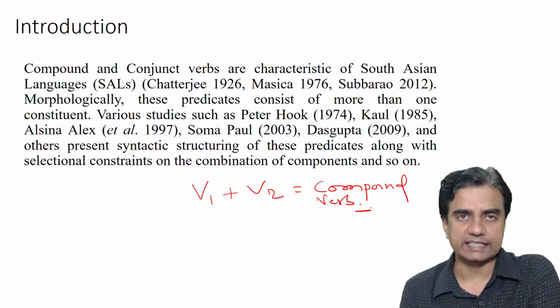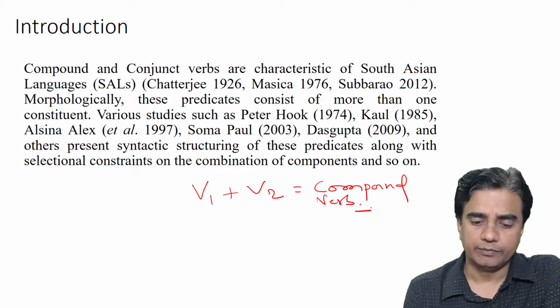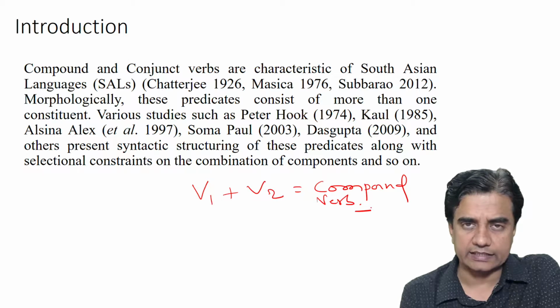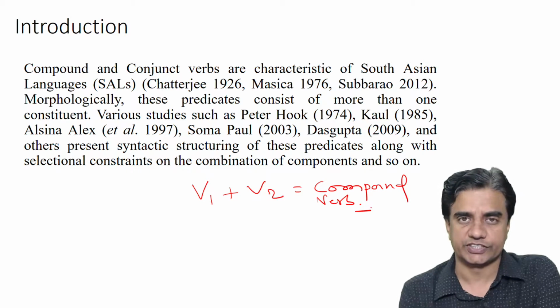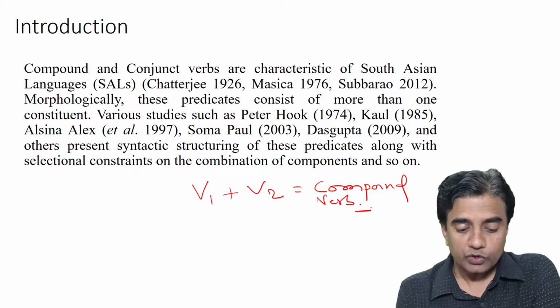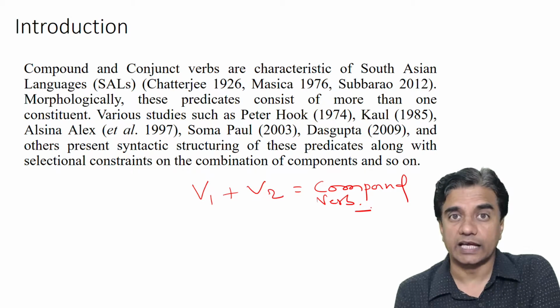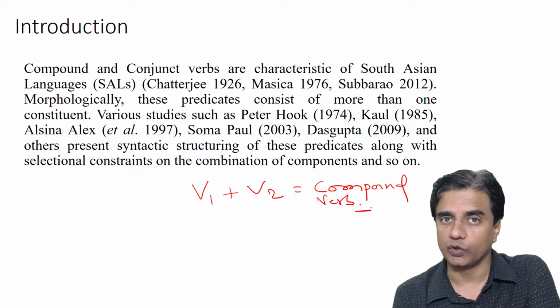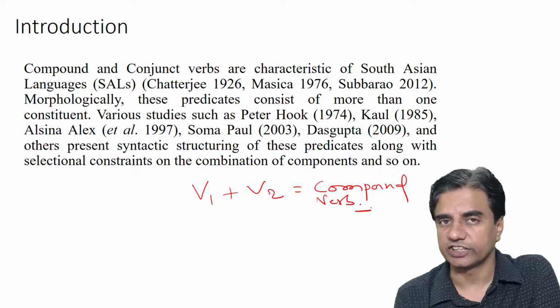What happens in this is V1, there is a constraint on this. Not all verbs in any given language can function as V1, and not all verbs can function as V2.